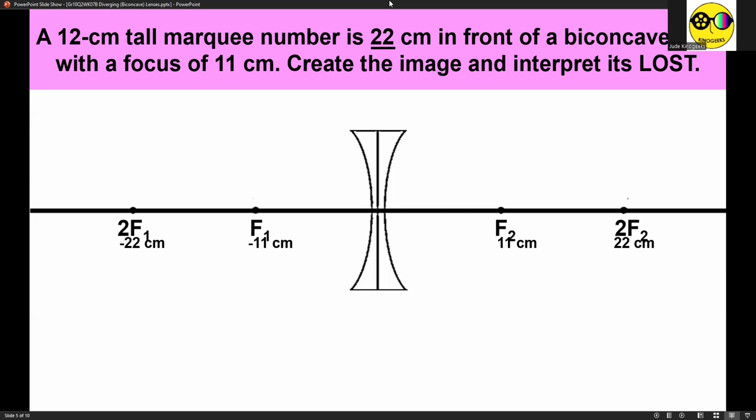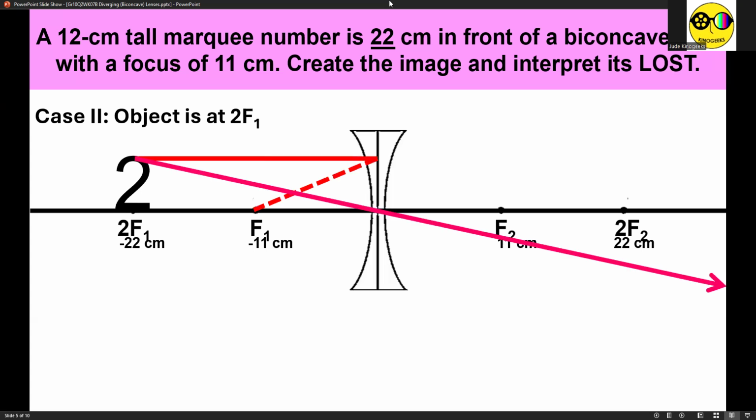Now, for case number 2, our object is placed 22 centimeters in front of the lens. So that is exactly at 2f1. By performing the ray diagram, your second image will be placed right there, just between the f1 and the lens.